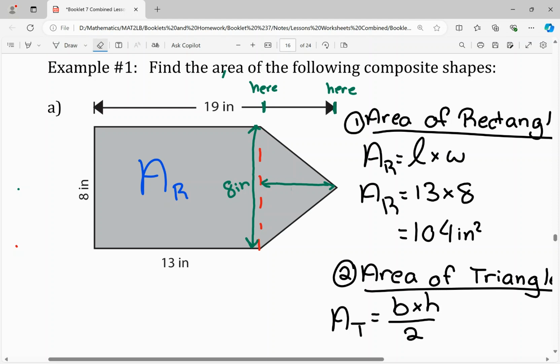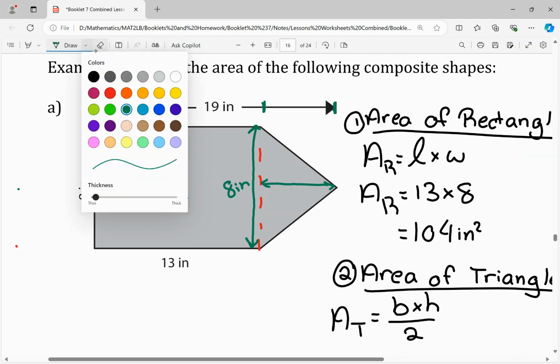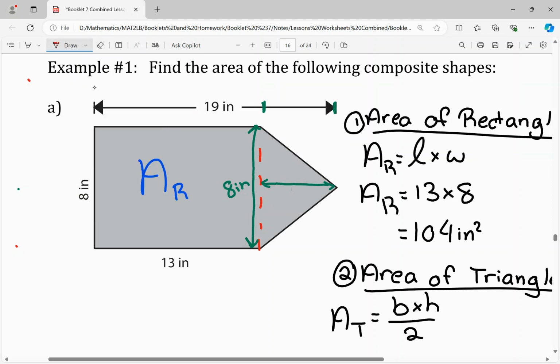Now we can calculate that using similar skills that we did in the previous lesson. If this whole line on the top is 19, but we don't want this part of it, that's in red, then we can cut it out, right? We know that that red line is 13 inches because of this 13 inches down here.